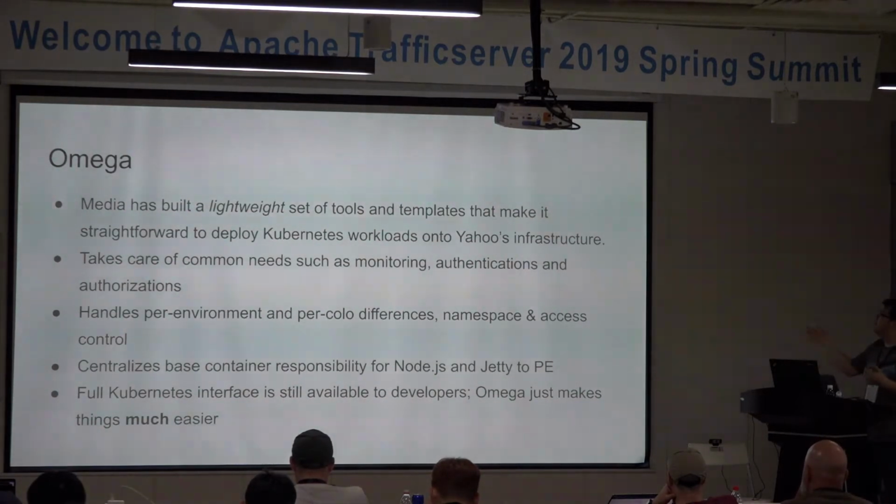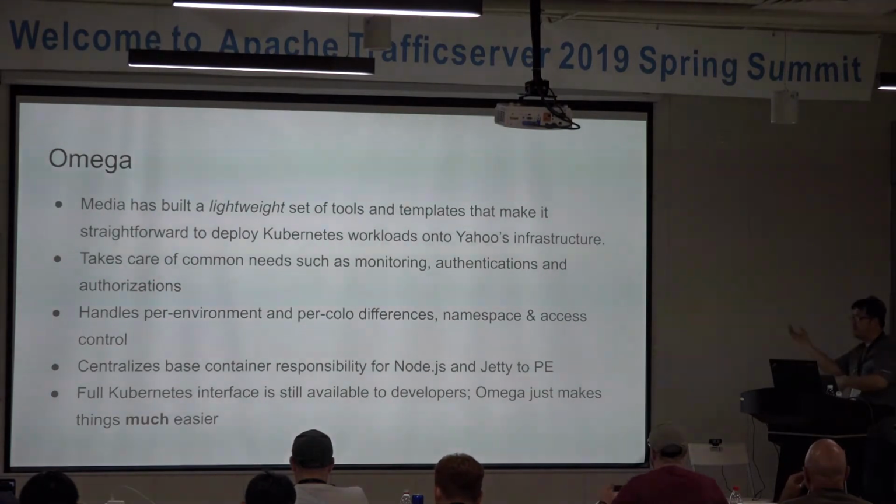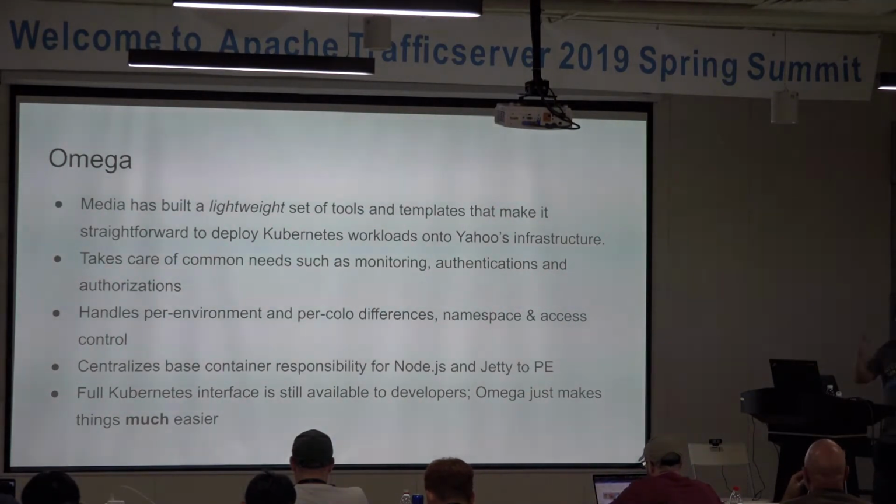There are common needs for monitoring, authentication, and authorization. In Yahoo, we have one single authentication and authorization infrastructure, so we need Kubernetes to leverage that to say, okay, this team can do deployment into this namespace, while the other team can only do deployment into that namespace.